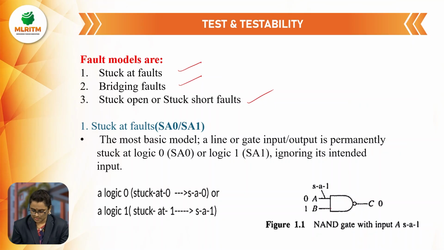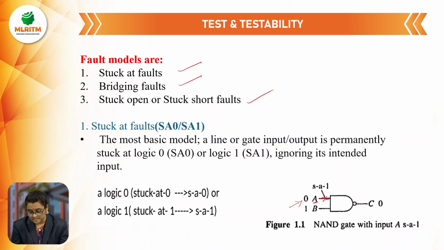Okay, coming to the circuit. Here I am taking a NAND gate. This gate contains 2 inputs and 1 output. Here A is stuck at 1. Stuck at 1 means this A input is always 1. If you want to assign 0 internally to this A, it won't take the 0 value.